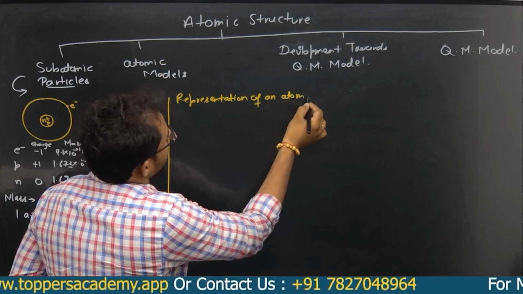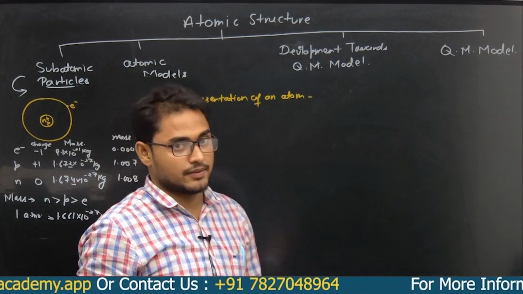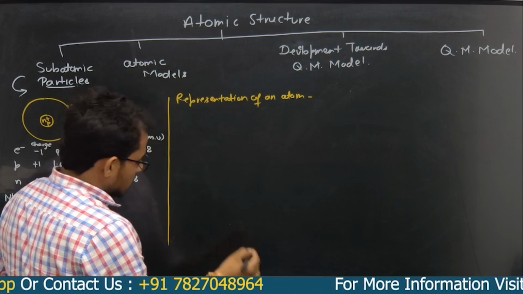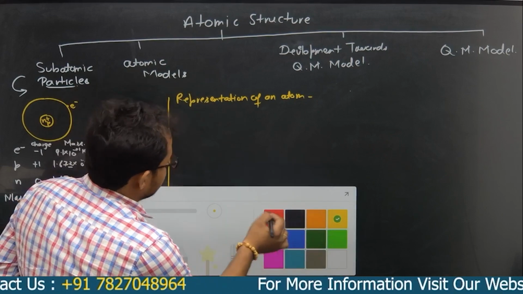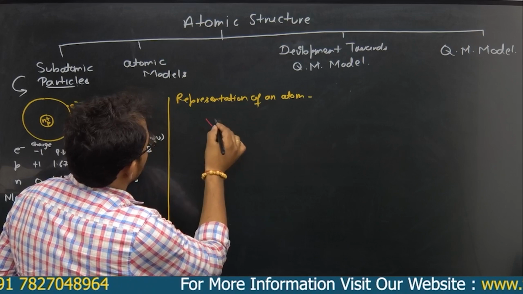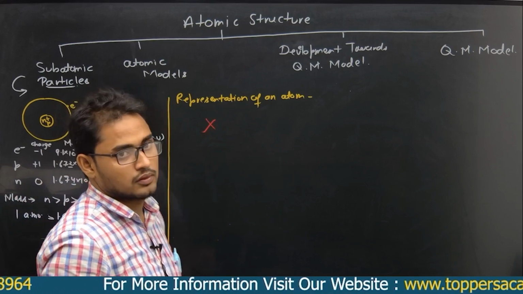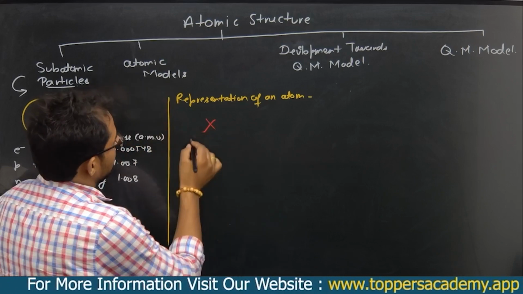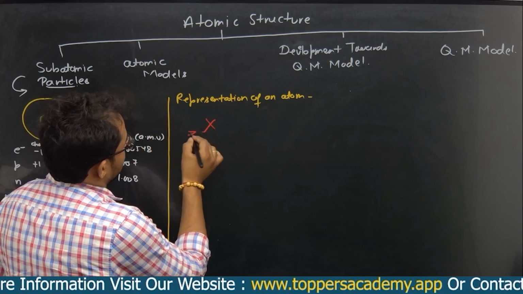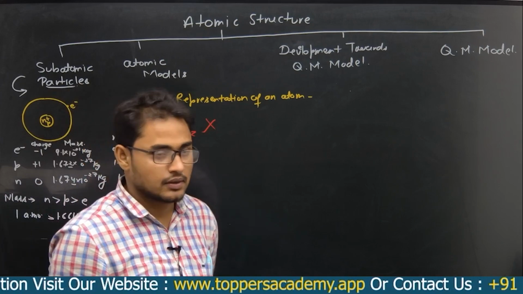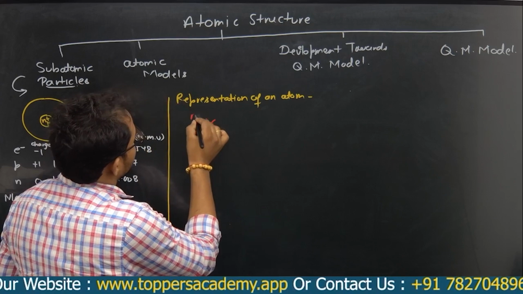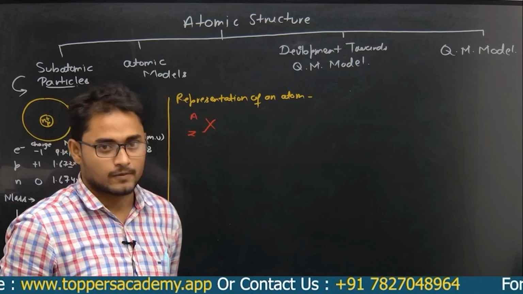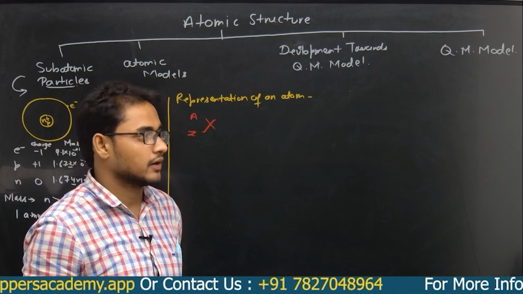That means how we represent an atom. The representation of an atom is like this: X, and here we write atomic number Z, and here we write atomic mass A.